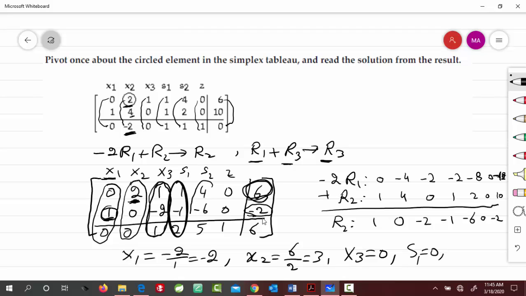And then again the next one, under s2, more than one non-zero number, so s2 would be 0. And then under z, you have only one non-zero number here, so it means that z would have a value. That is in the last, or third, row. The last number in the third row is 6, divided by 1. So it would be 6 divided by 1, which is equal to 6.